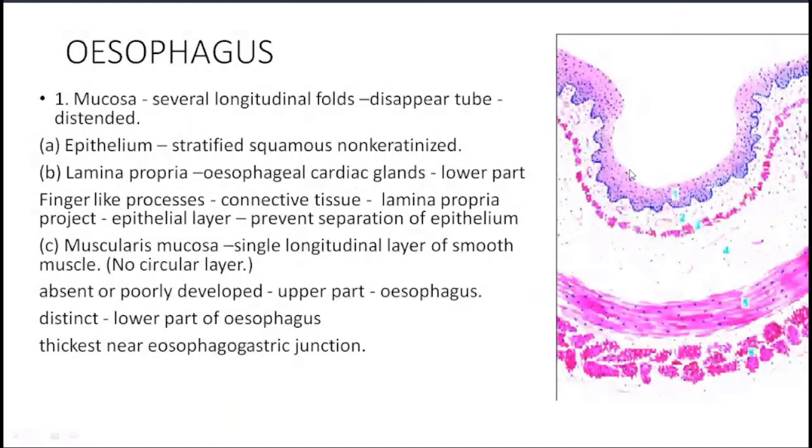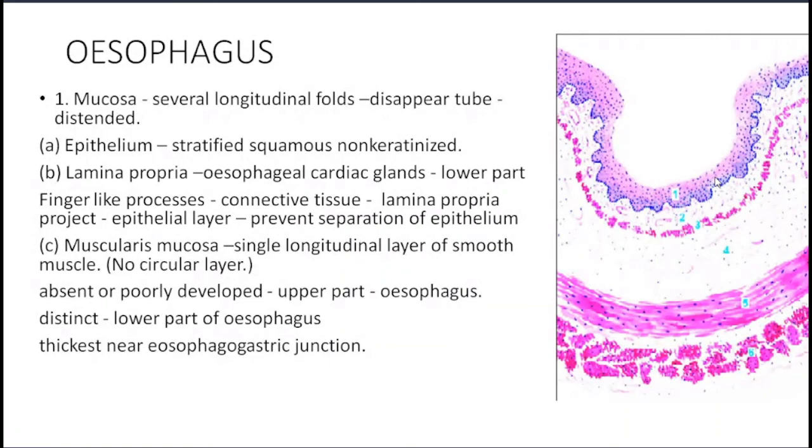Here this is mucosa, this is submucosa, this is externa, and outside it is the serosa. You can see in this fold the submucosa is also extending. The mucosa shows several longitudinal folds, and these folds disappear when the tube is extended.